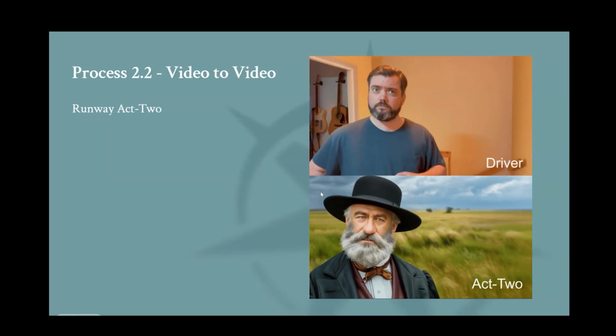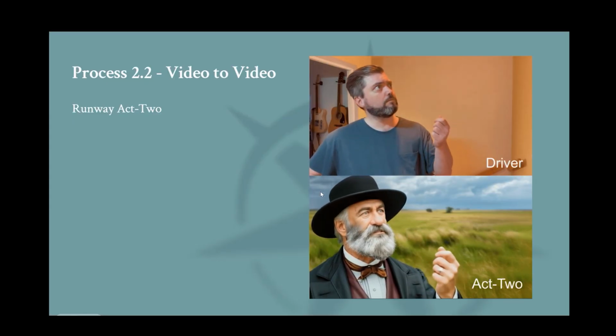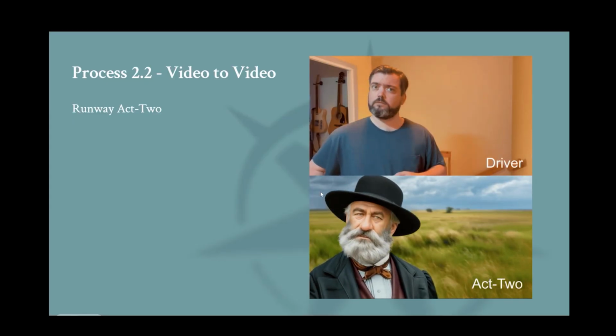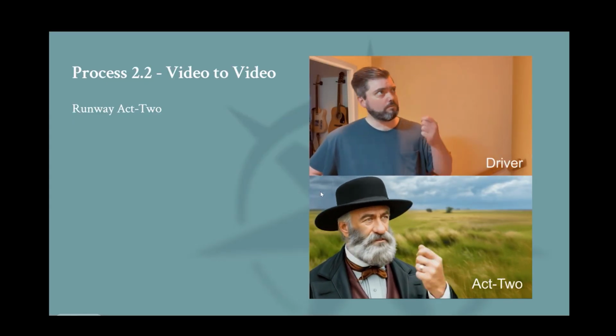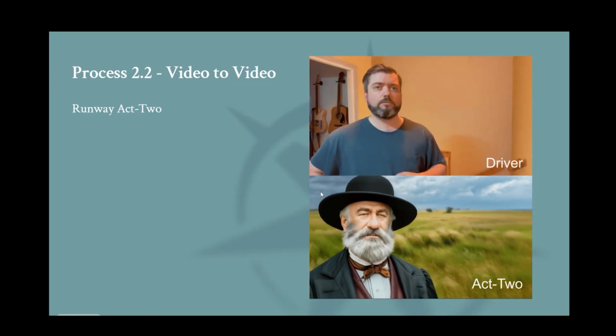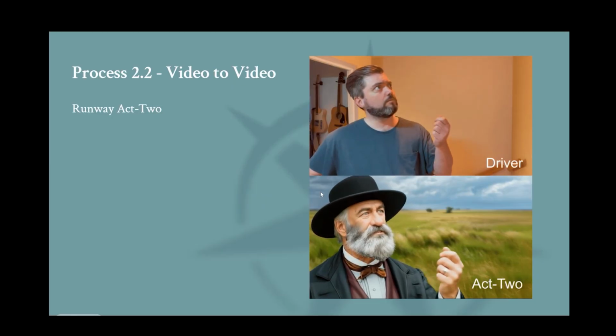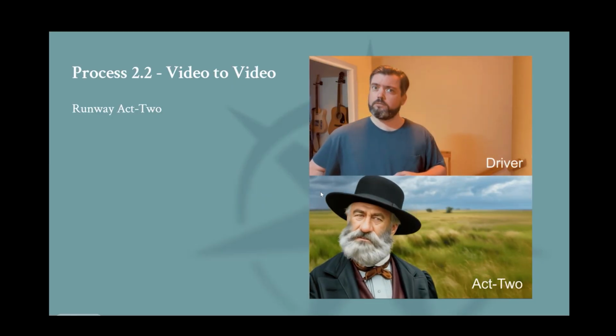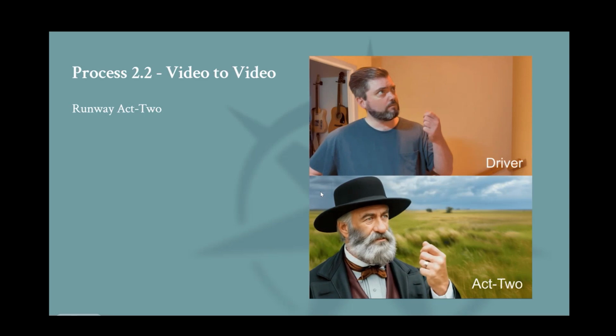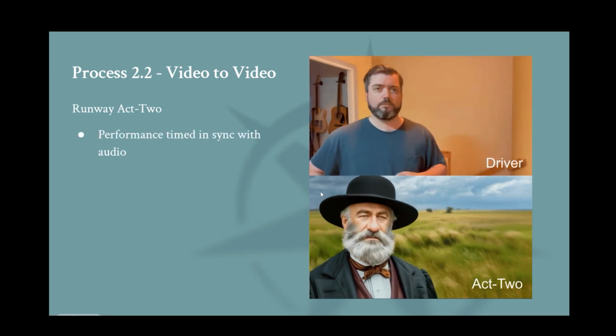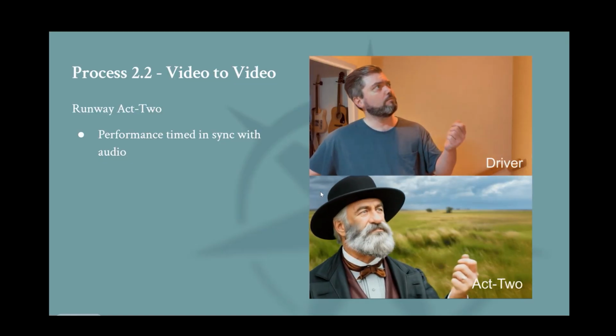And Runway Act 2 takes live video and a still image as a character reference. So we have on screen now the driver video, or a segment of it, and the result from Act 2. And here we see a performance that we can time perfectly in sync with the audio.